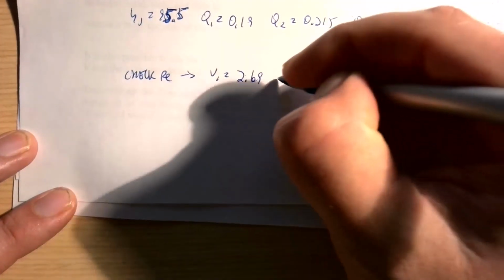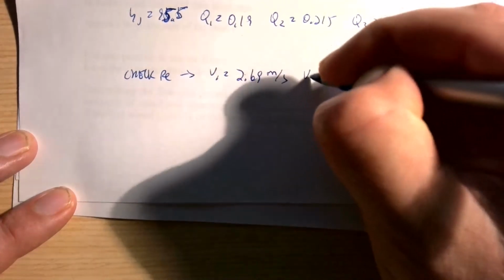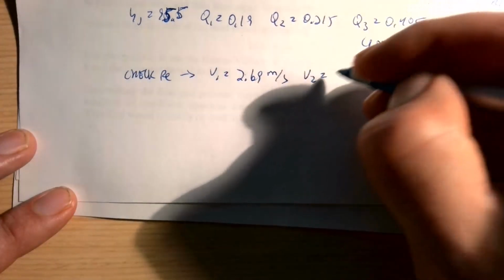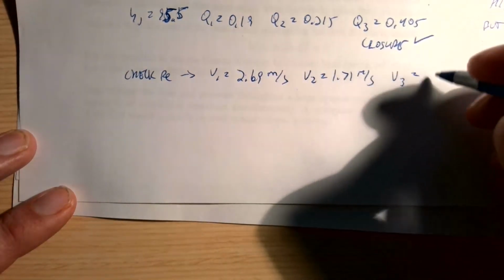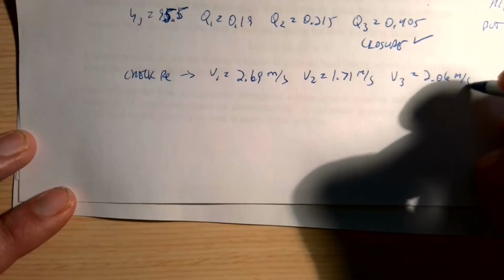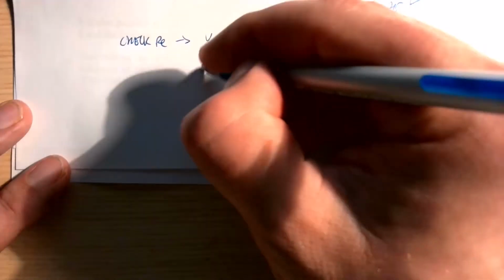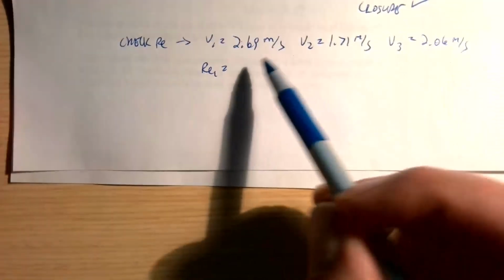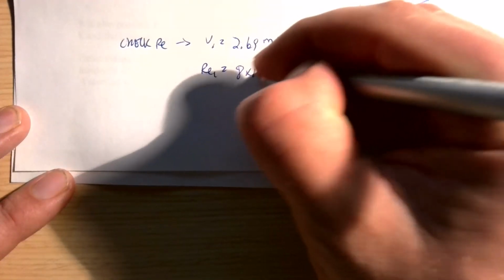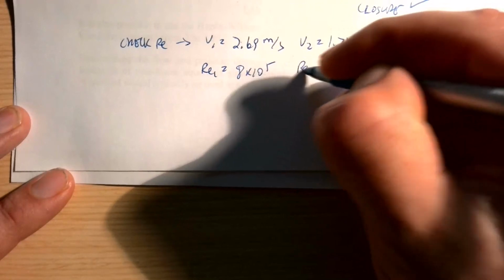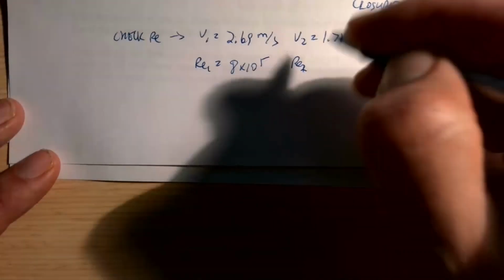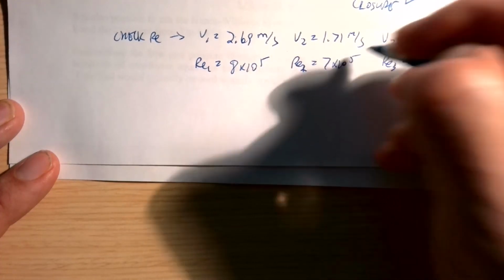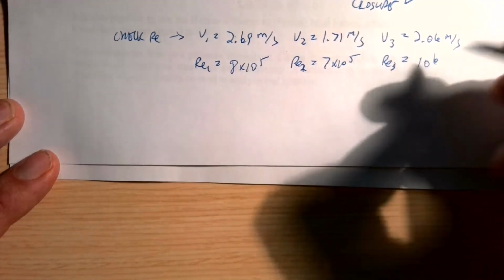So V1 is 2.69 meters per second, V2 is 1.71 meters per second, and V3 is 2.06 meters per second. Reynolds number for the first one then, again, is dV over nu, same as we've done before, nothing different here. 8 times 10 to the 5th, Reynolds 2, Reynolds 3, 7 times 10 to the 5th, and then 10 to the 6th.